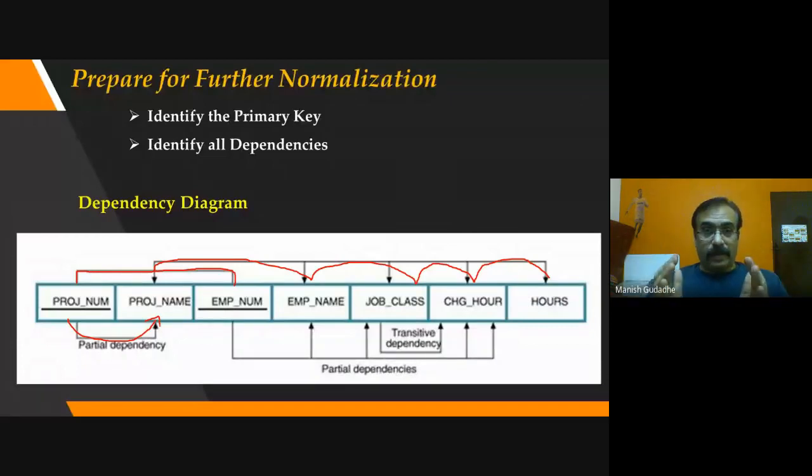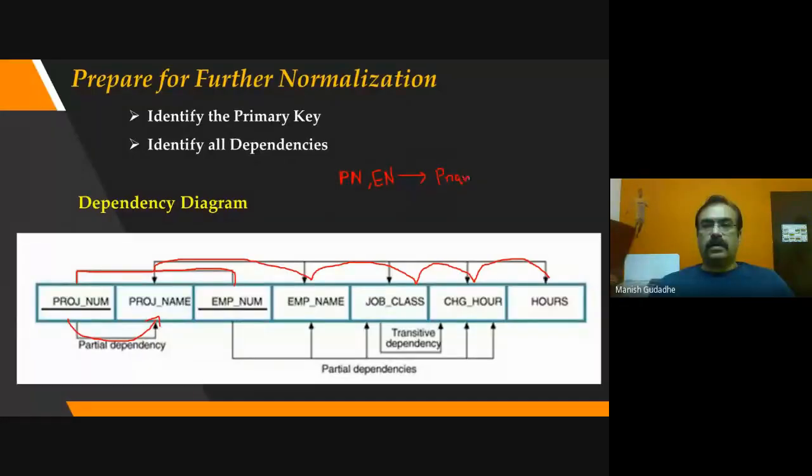But as our primary key is the combination, I'll just write in short, this dependency is something like this: project number and employee number able to identify project name. Okay, this FD exists.